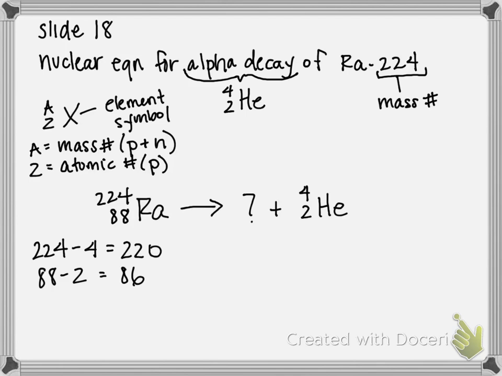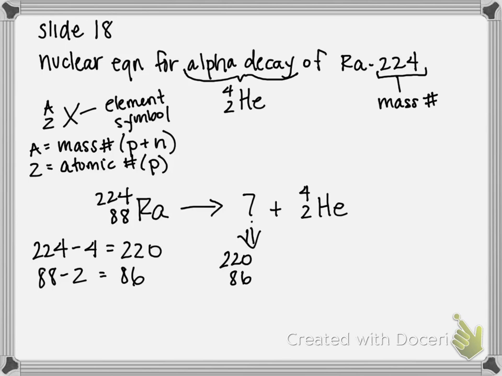So now we know the mass number and the atomic number of our mystery element. This guy has 220 mass number and 86 atomic number. And if you see, 220 plus 4 gives you 224, and 86 plus 2 gives you 88.